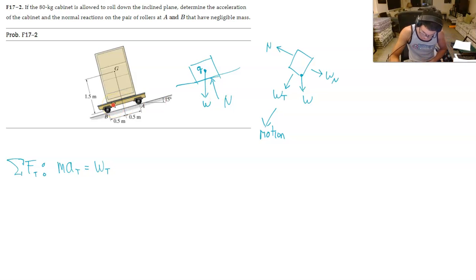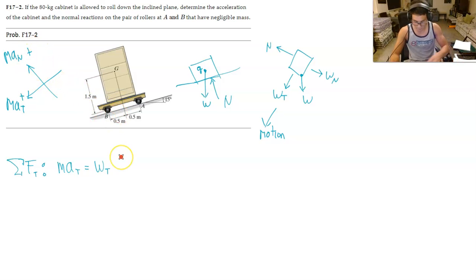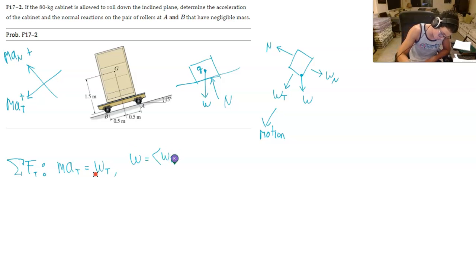For the purpose of this, I will draw this as a_t positive. And then for our normal forces, I'm going to draw it like this, and this would be a_n positive. So this is my new axis system. So we see that the weight in the tangential direction is positive. But what is weight? So weight has two components, weight in the tangential direction and weight in the normal direction.